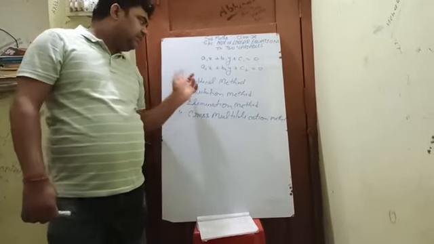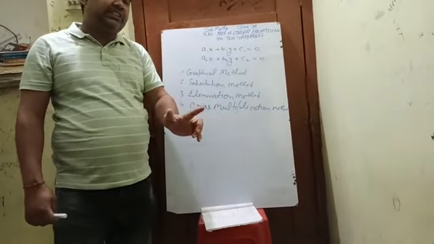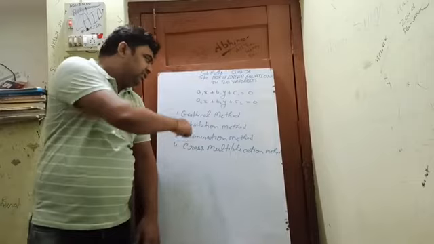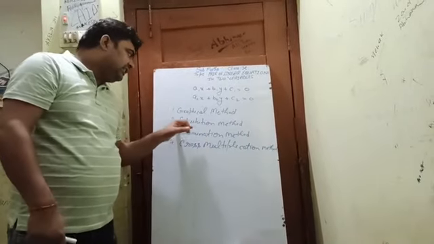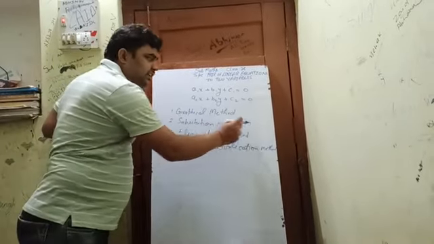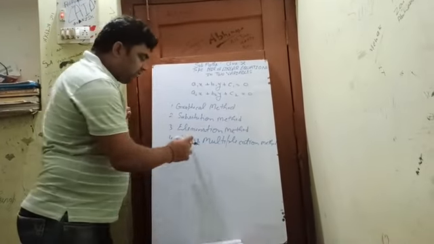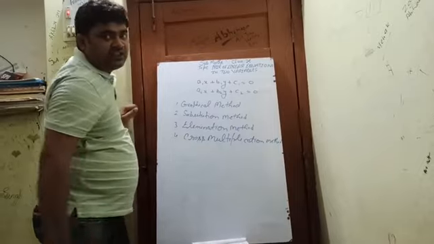See, the first is given in the NCERT book. You will see exercises 3.1 and 3.2, that is related to the graphical method. 3.3 is related to the substitution method. 3.4 is related to the elimination method, and 3.5 is related to the cross multiplication method.